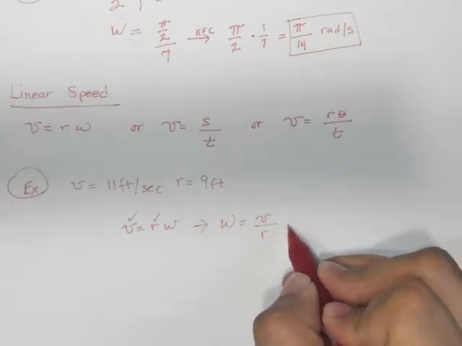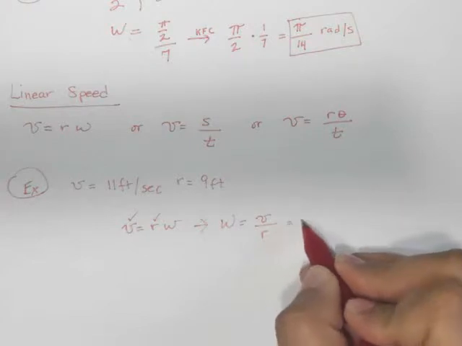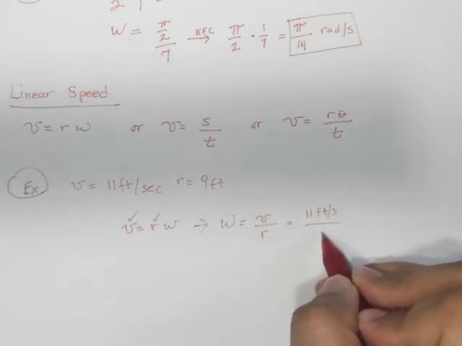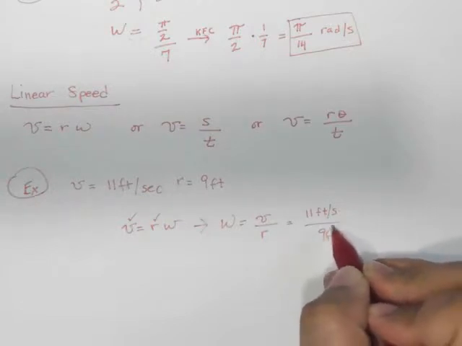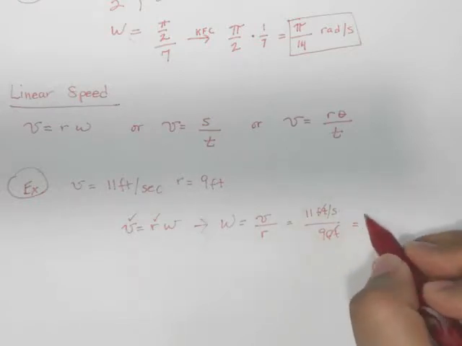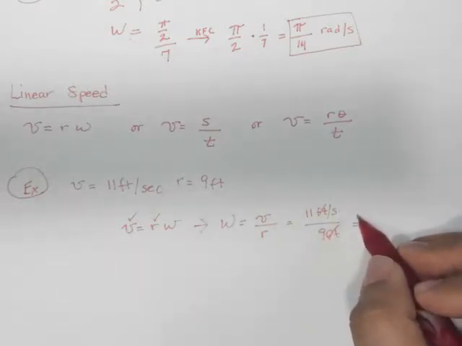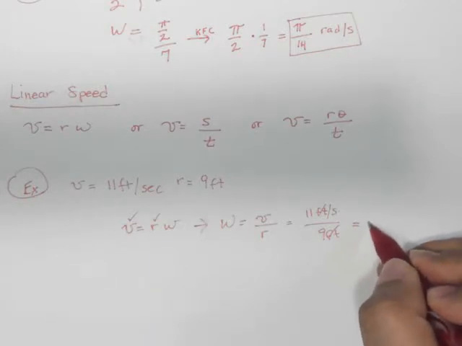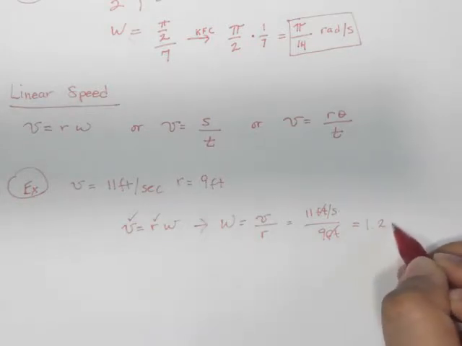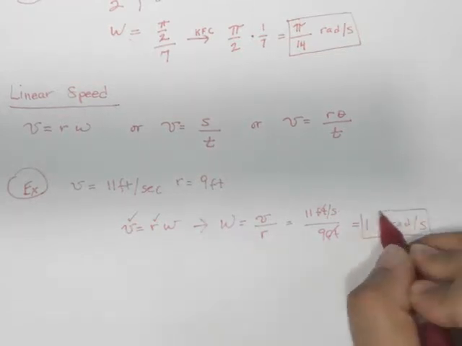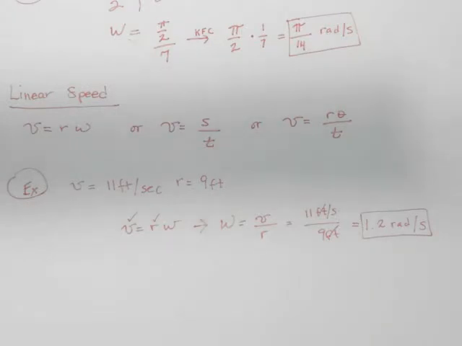In this case, when I've manipulated it, I get 11 feet per second divided by 9 feet. My feet unit cancels out, leaving me with, now it doesn't give us the unit of the angle, but we know of course it's radians. So it's about 1.2 radians per second. So this right here is the angular speed given a linear speed and a radius.